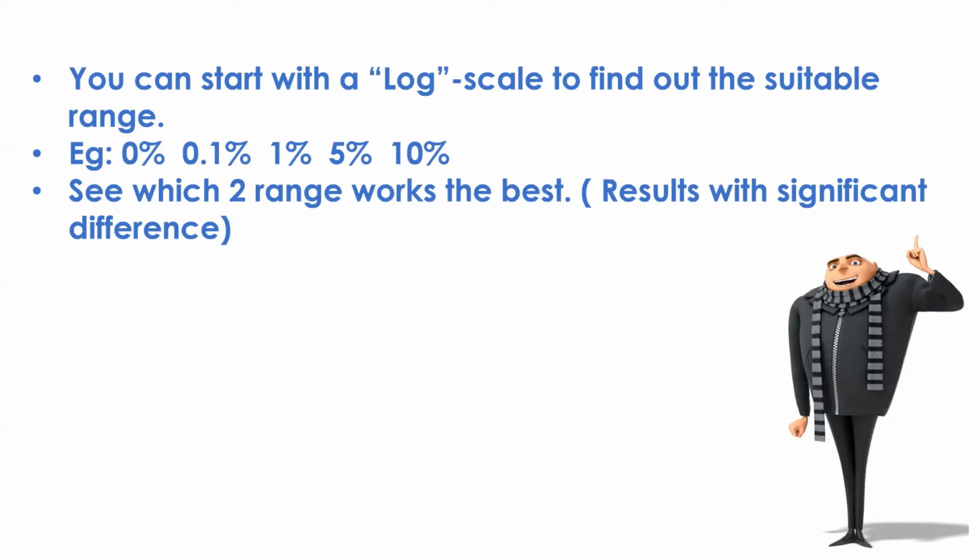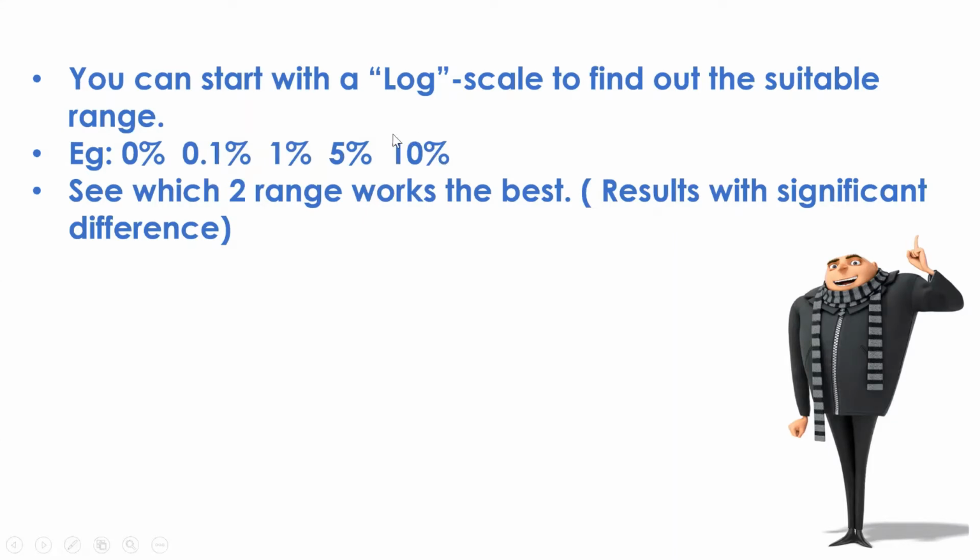First of all, you test this out and check which 2 of these work the best. What we mean by work the best is, let's say I want to look at the antimicrobial effect of something, and I test this and it turns out 10% is too high, then it kills off all the bacteria, so there's no colony to count.